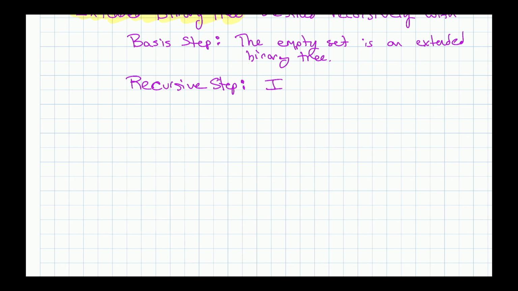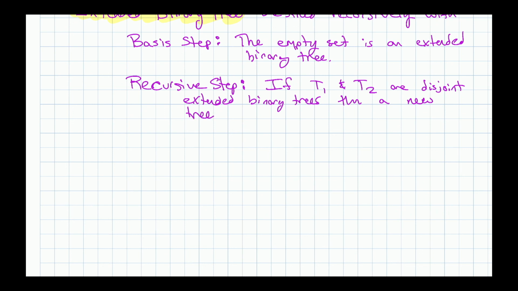So if T1 and T2 are disjoint extended binary trees, then a new tree, denoted T1 dot T2. So there's only going to be one way to get this.